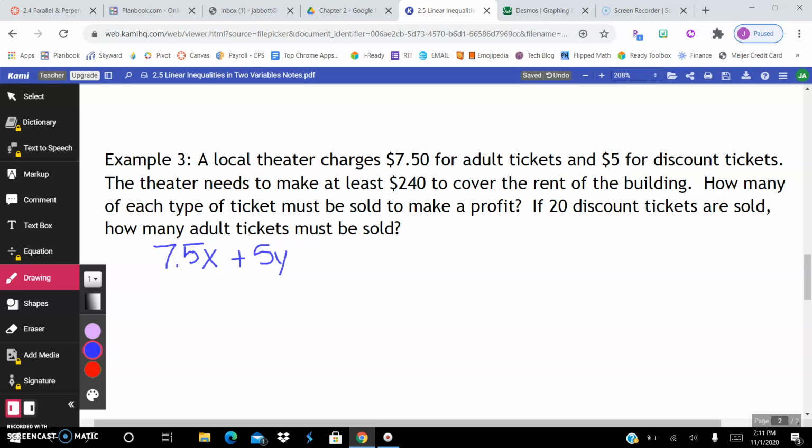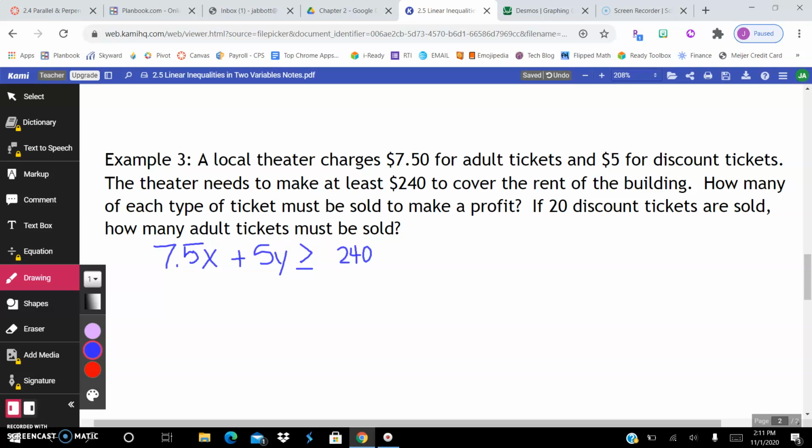And we need to make at least $240. So we need to definitely try to make more. So we want our price for the tickets to be hopefully greater than or at least equal to $240.